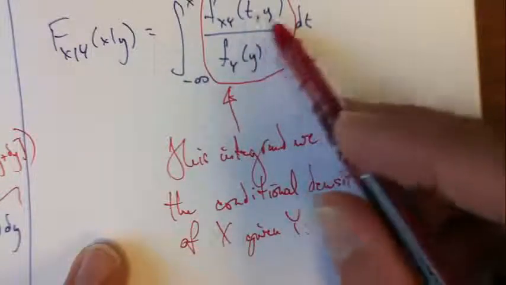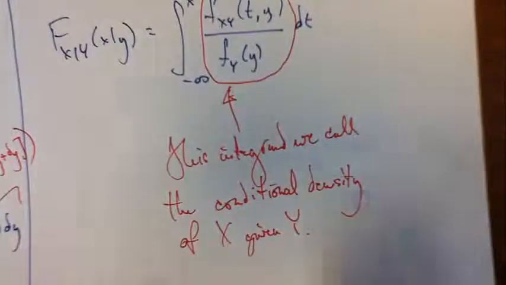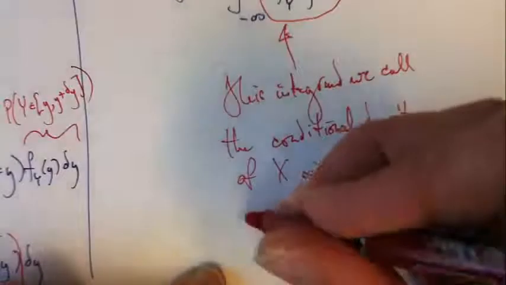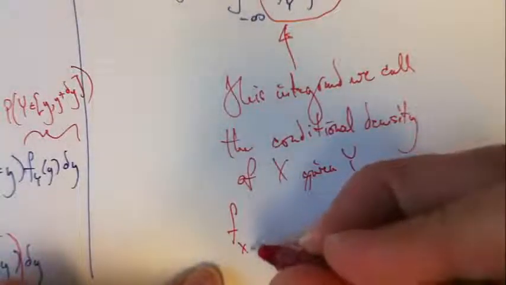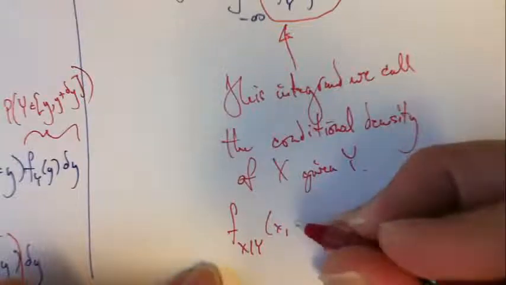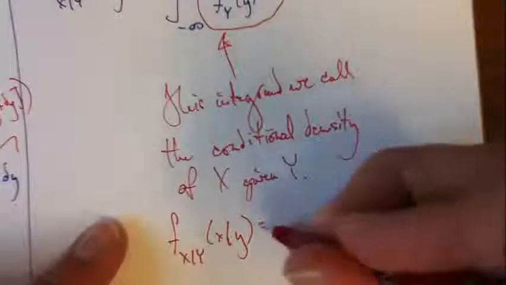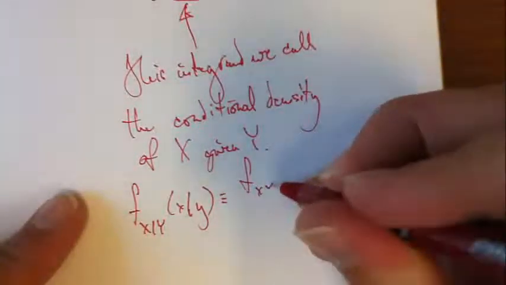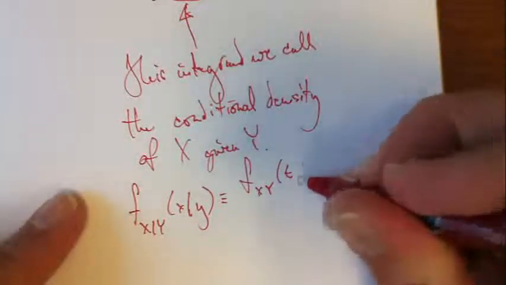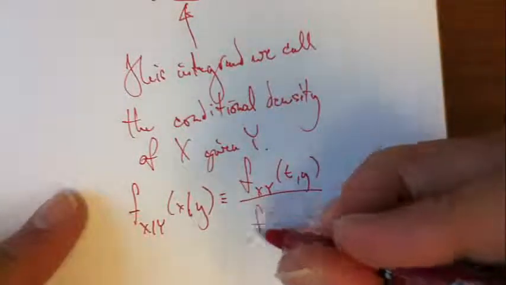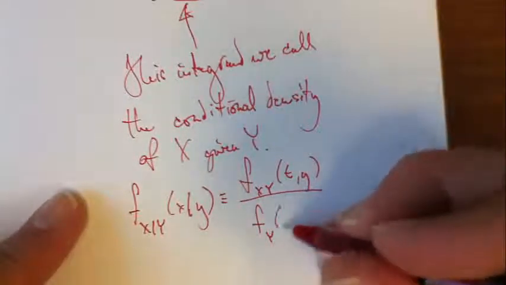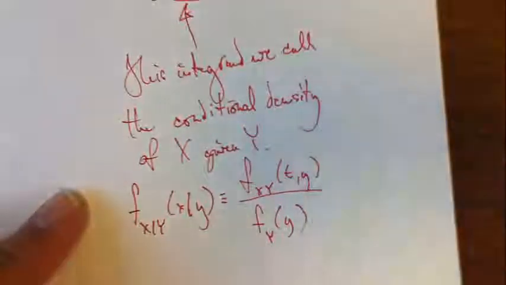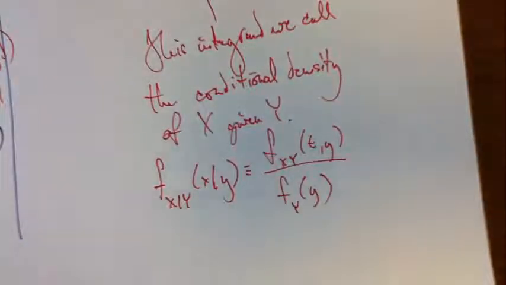The idea is, maybe we could write it like this: f sub X given Y of x given y is defined to be that stuff. Okay. It sort of mimics the way we define conditional probabilities, and also the way we define conditional CDFs.